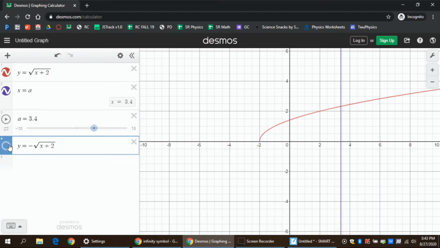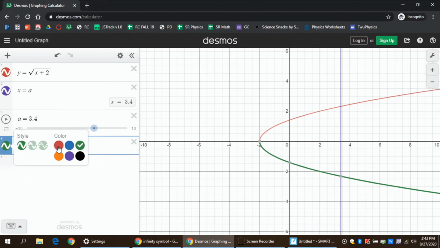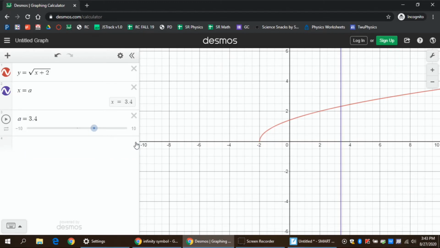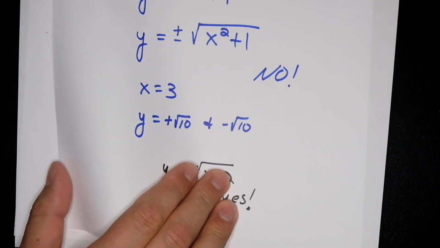I'll make it in the same color. There we go. This would be closer to if we had plus or minus in front of it. Notice it intersects twice, but the original problem did not say plus or minus. We didn't introduce the radical, so it's a yes, because it started off as square root of x plus 2 from the get-go.